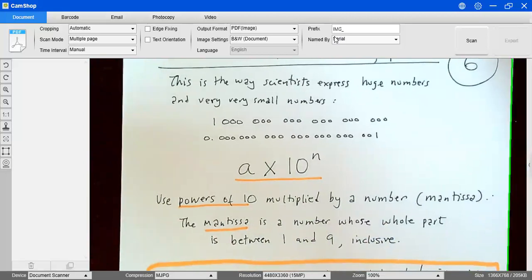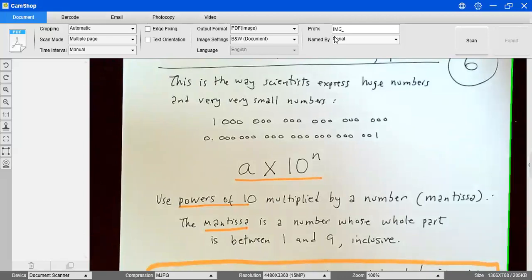If you have 13 point something, that doesn't qualify as a mantissa. If you have 0 point something, that doesn't qualify either. So you need 1 point something, 2 point, 3.4, up to 9 point something, and that's it. Other possible whole parts don't qualify to be a mantissa for scientific notation.